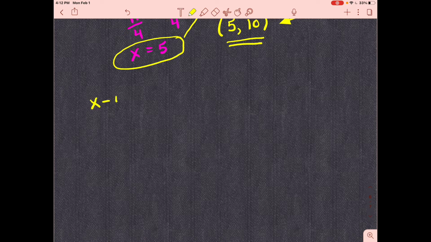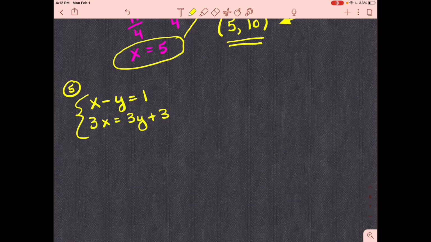x minus y equals 1, and 3x equals 3y plus 3. This is number 5 on page 347. All right, so neither of my equations is solved for one of the variables.